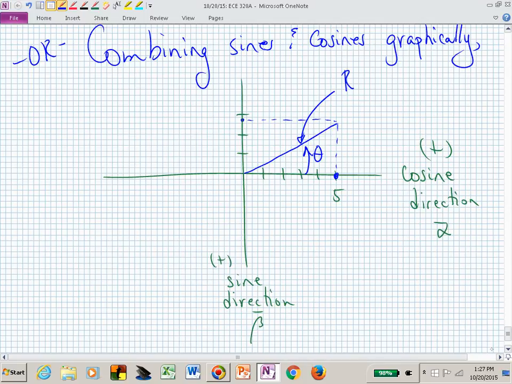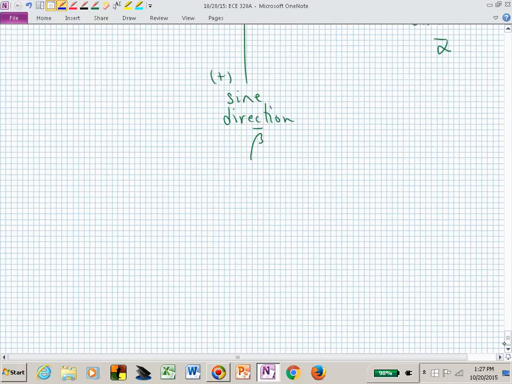So now, if you think of the sine waveform and the cosine waveform, what do you have in terms of a relationship? If I said something like sine of x, how do I write that in terms of cosine? Is this right? Is it the other way?